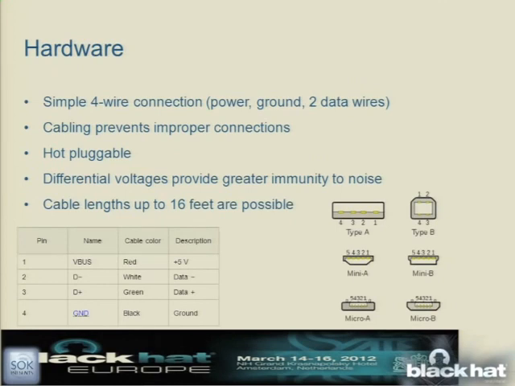And it's cabled so that you can't do something improper, like connect things that shouldn't be connected. Although if you're doing some development work, then you have to make custom cables sometimes, and it's a little bit of a pain. But you can have fairly lengthy cables up to as much as 16 feet, approximately 5 meters or so.